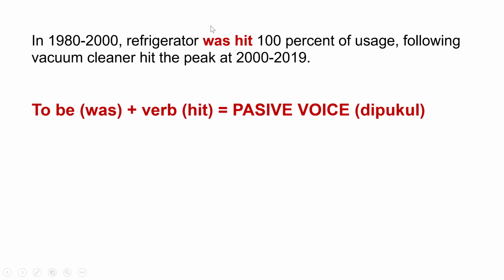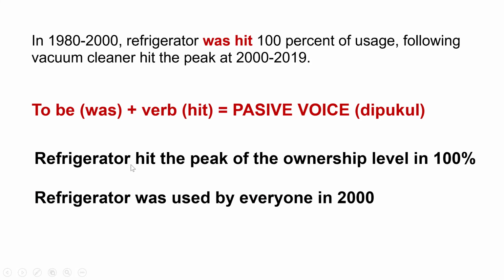Sementara di sini maksudnya bukan dipukul atau dicapai, tapi mencapai. Berarti you should say refrigerator hit the peak of the ownership level in 100%. Hit the peak, jadi mencapai. Atau refrigerator was used, digunakan by everyone in 2000.